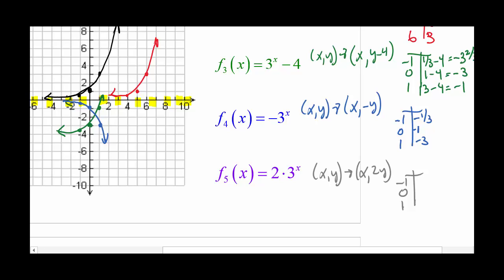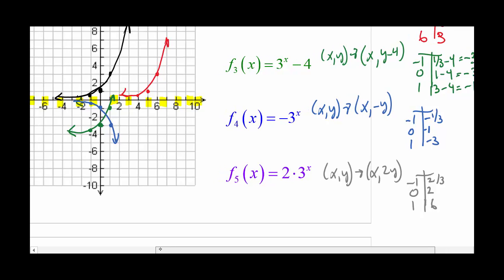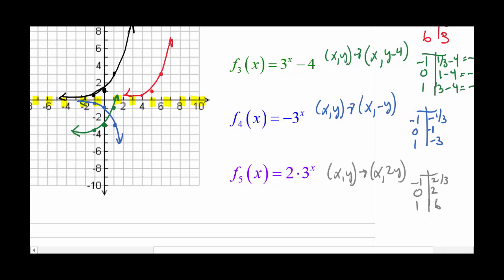And I want double the y value, so that'd be 2/3, 2, and 6. So negative 1, 2/3, a little bit higher. 0, 2, and 1, 6 all the way up there. Kind of stretches up that way. Okay, so hopefully that helps.